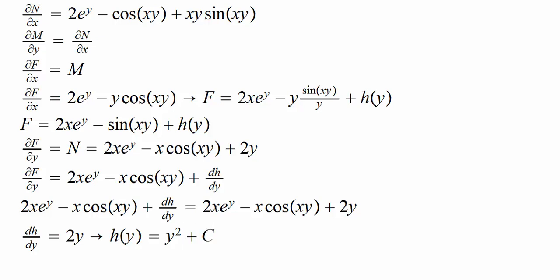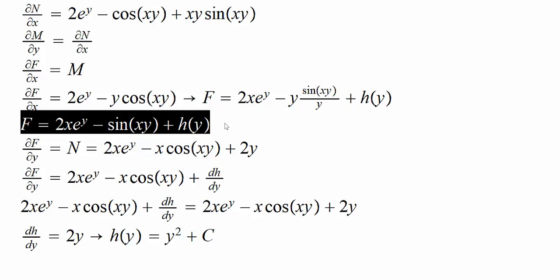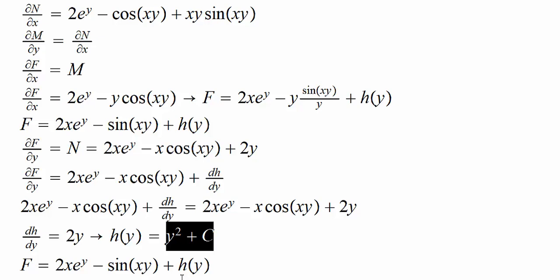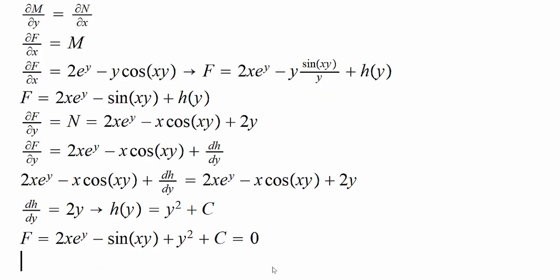So now as a constant, we'll get an absolute constant, and so our solution that comes out as f equals a constant is going to be, we just replace this by y squared, plus equals c. We can even write that as 0 because the constant here can be adjusted accordingly, or you can use a different way. Okay, so hope this was clear.